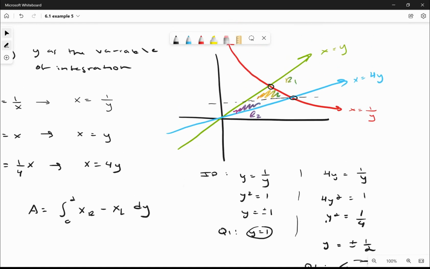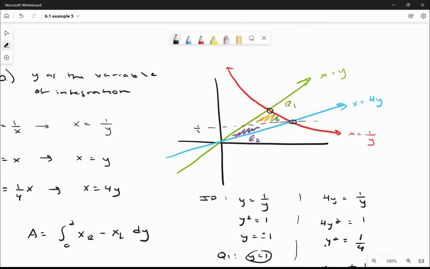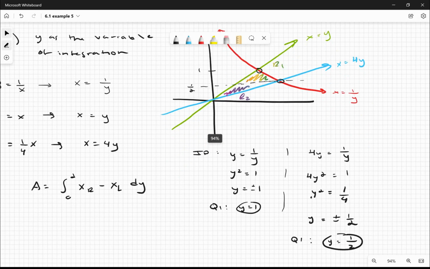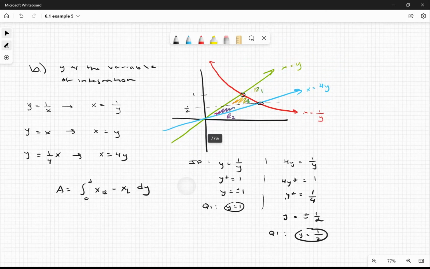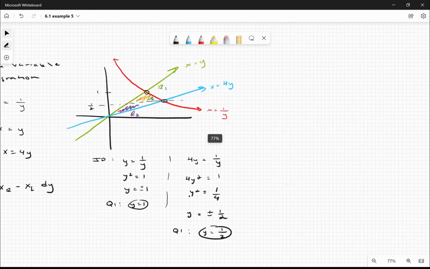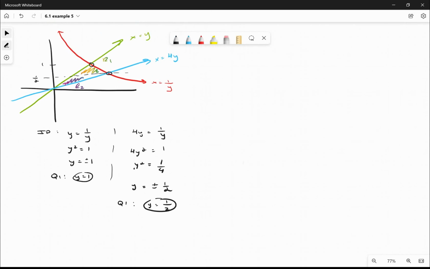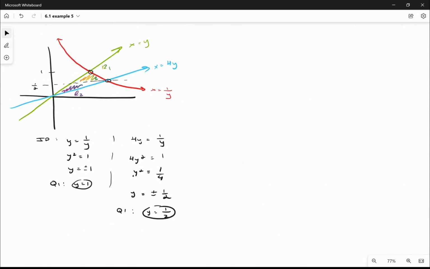Right, so we have 1/2 here, and this is 1. Okay, so now we know that the region, I'm going to shift over here, is the union of these two regions.